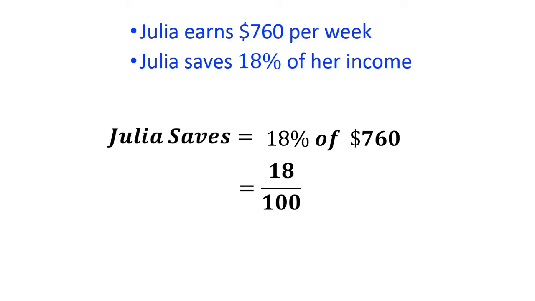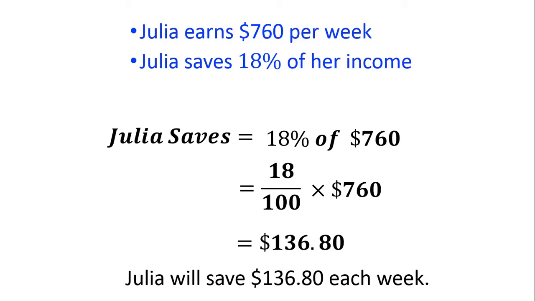So there's our 18 divided by 100. Because remember, percent means divided by 100. Of means times, so we're going to multiply that by 760, and that gives me $136.80. So now just a sentence. Julia will save $136.80 each week. So that's my third calculation, and if you get these first three calculations all correct, there's your achieved. There's your 4 credits.